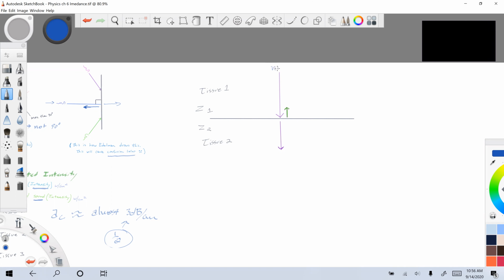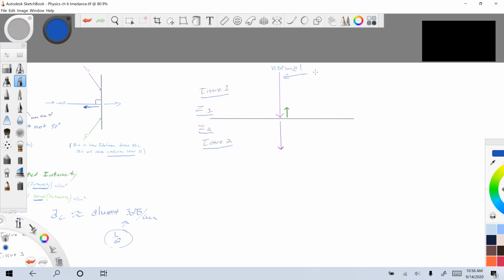This is called normal. We have two tissues, tissue 1 and tissue 2. Tissue 1 is going to have its own impedance, so that's Z1 and Z2. What I've already drawn here is my tissue interface, and the incident beam is up here, of course.